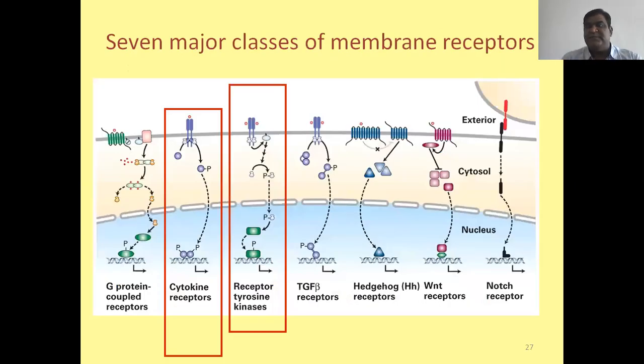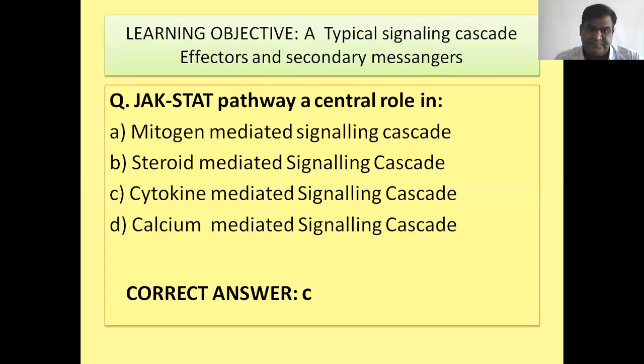Now these are the 7 major kinds of membrane receptors, out of which the first one is GPCR, G protein coupled receptor. Another is receptor tyrosine kinase, and the third one is cytokine receptors. These 3 receptors are very important, and they are asked in various competitive exams more preferably than others.